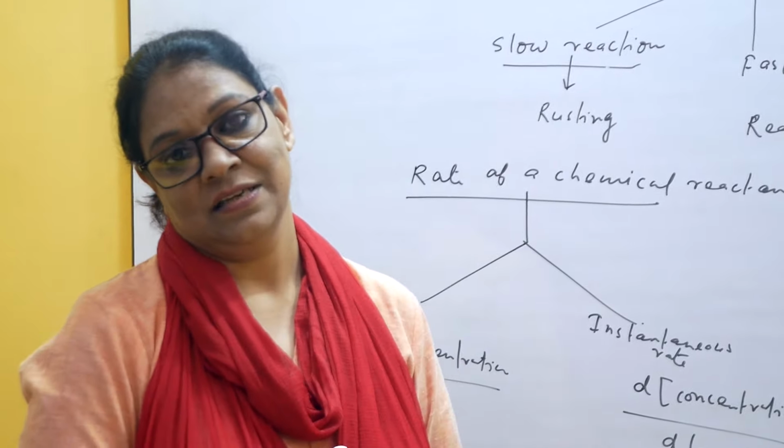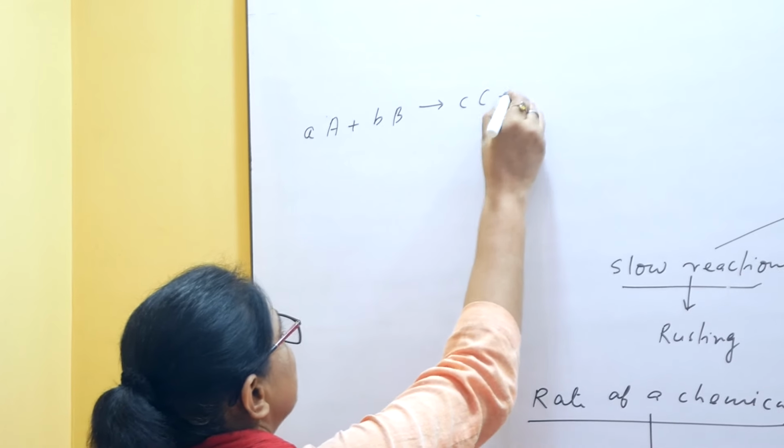Now I will show the equation and how to write the rate of a chemical reaction, how to solve numericals based on the rate of a chemical reaction. So I have used one equation. Suppose this is aA plus bB gives cC plus dD.